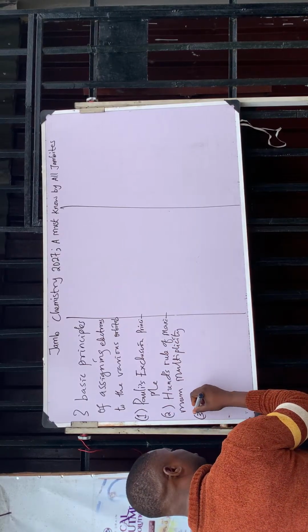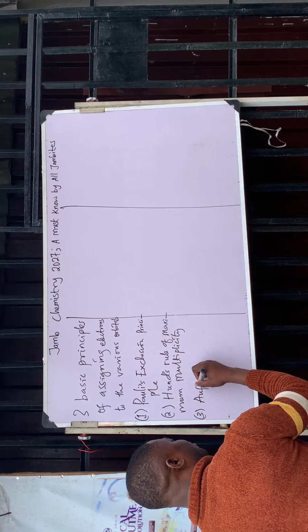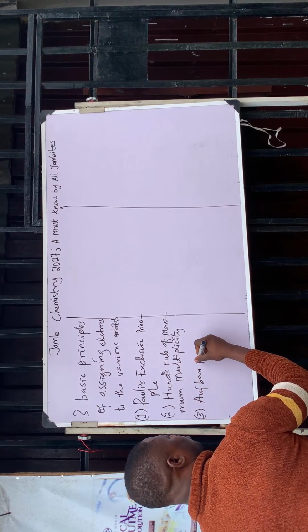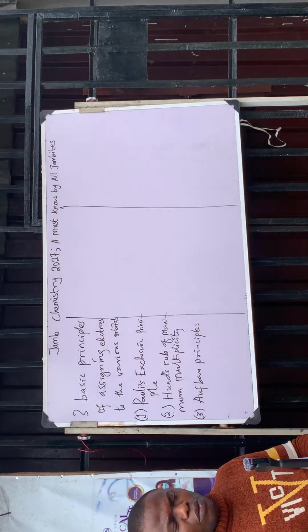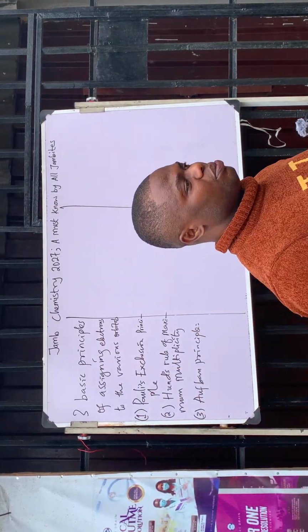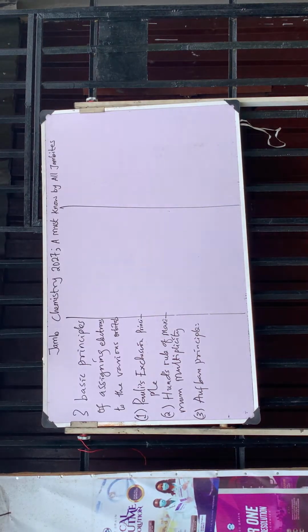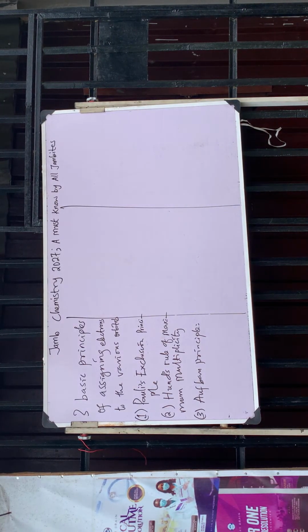Number three is the Aufbau principle. Yes, you must have all this information, these principles of electron distribution in an atom.